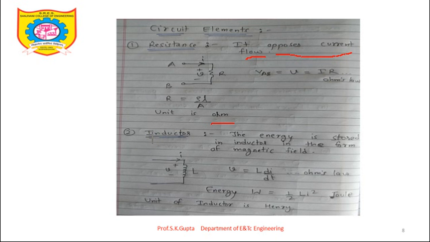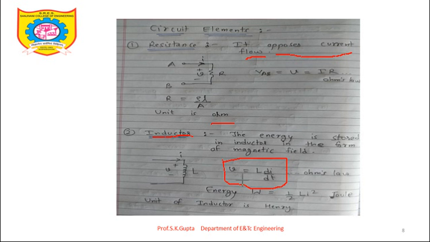Now the second element is the inductor. What is an inductor? An inductor is an energy storing element. The energy is stored in the inductor in the form of a magnetic field. This is the symbol of the inductor, and one very important formula: V equals L di by dt.